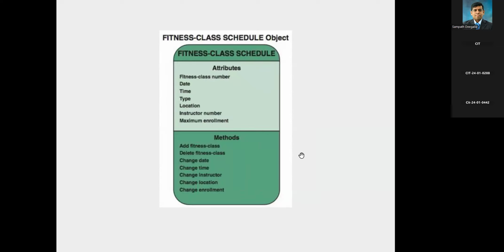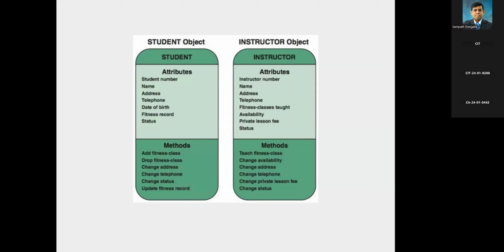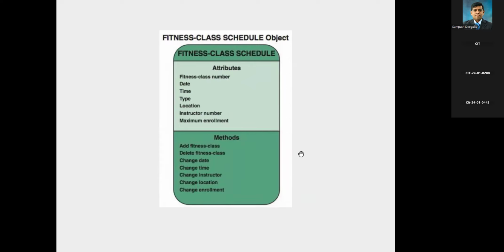Right. Now, in the same example, the previous two objects are for persons who interact in the information system. But if you take the schedule, we can think of it as an object as well.